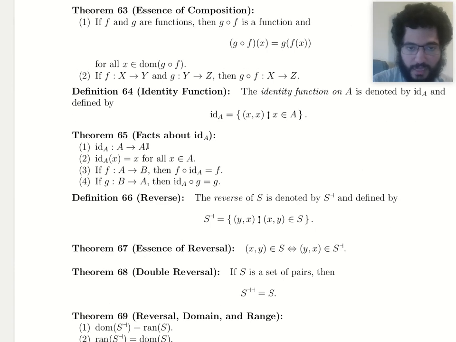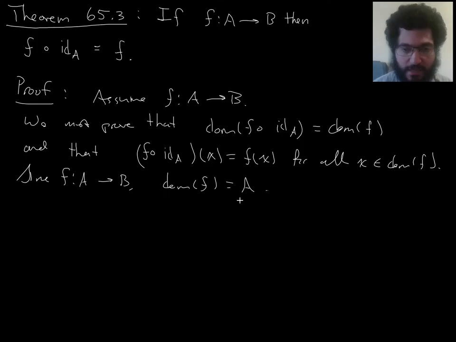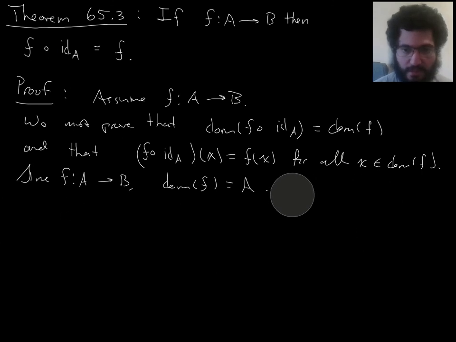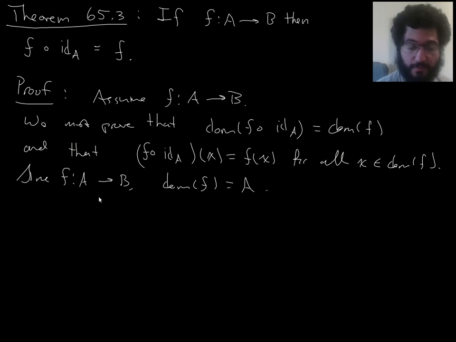So I'm assuming I've already proven this not very hard to prove fact that the domain of id A is A. So by Theorem 65, which is the one I'm on, but a previous part, part 1, the domain of id A is A. But that doesn't quite help, at least not directly. I'm trying to say something about not the domain of id A, but the domain of f composed with id A.